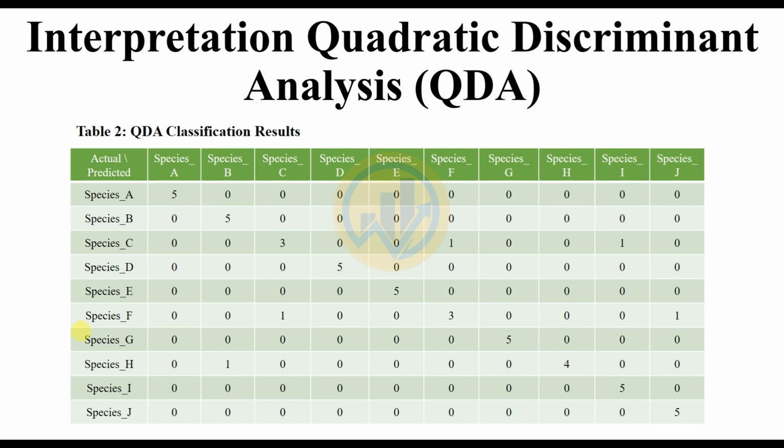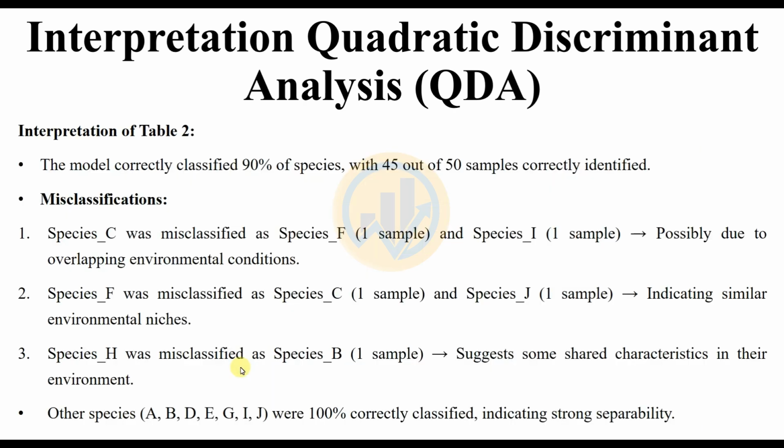Table 2 shows the QDA classification results for species A to J. Species A has 5, species F 2, species C 1, species H 1, and species B 1. The interpretation of Table 2: the model correctly classified 90% of the species, with 45 of 50 samples correctly identified. The misclassifications in Table 2: species C was misclassified as species F and species I, possibly due to overlapping environmental conditions.